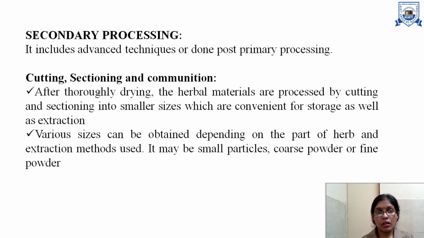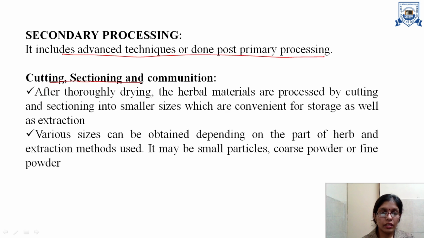Now let us have a look at what secondary processing is. Secondary processing includes the advanced techniques done post primary processing. So first the primary processing is done, after that the secondary processing is done.